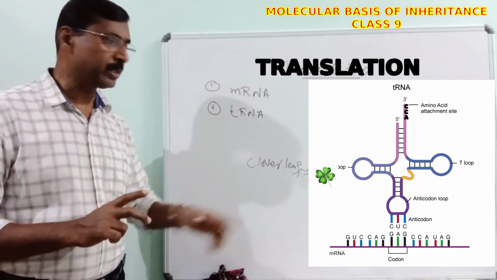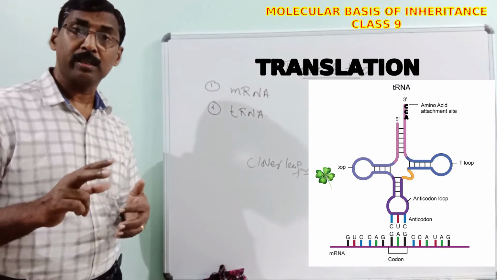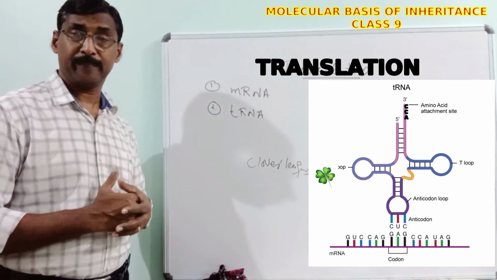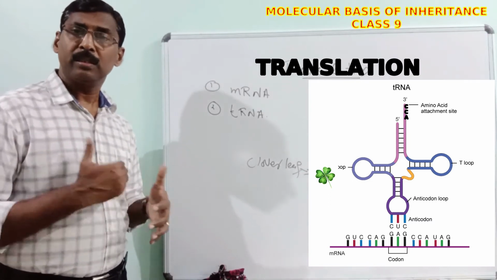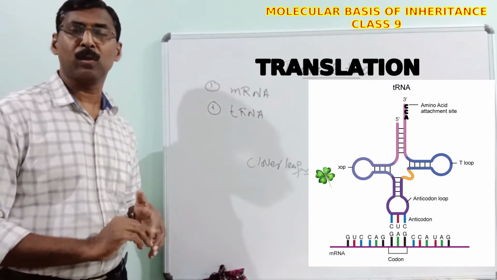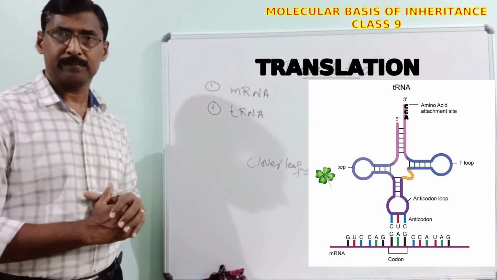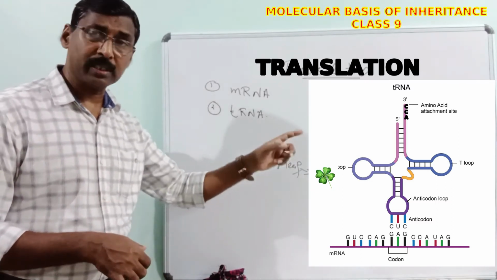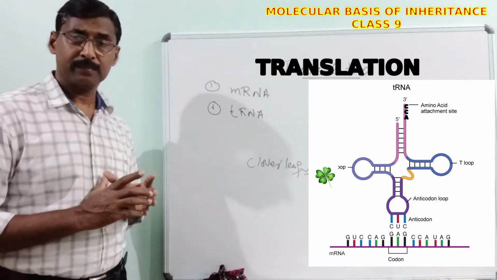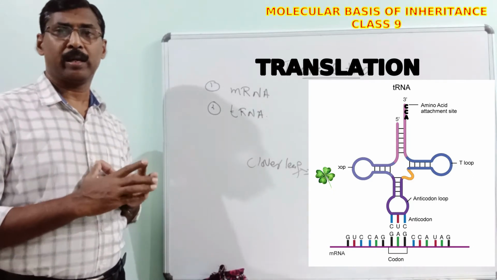This is called the anticodon. This combination of 3 bases is called anticodon because it is complementary to the codon on the messenger RNA. And by using that anticodon, the transfer RNA reads the codon of the messenger RNA.